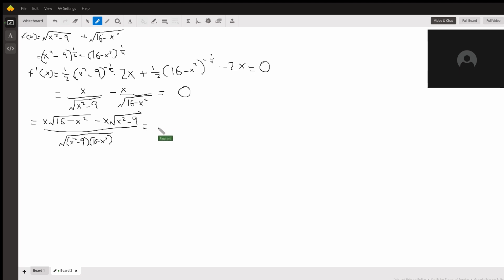All right, set this to 0. So really, we're just looking in the numerator. We already know the restrictions in the denominator.